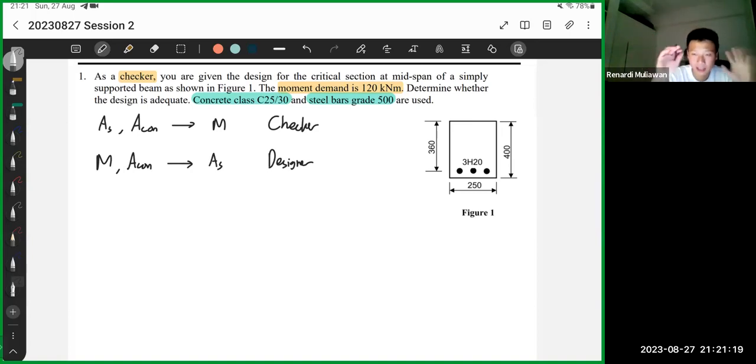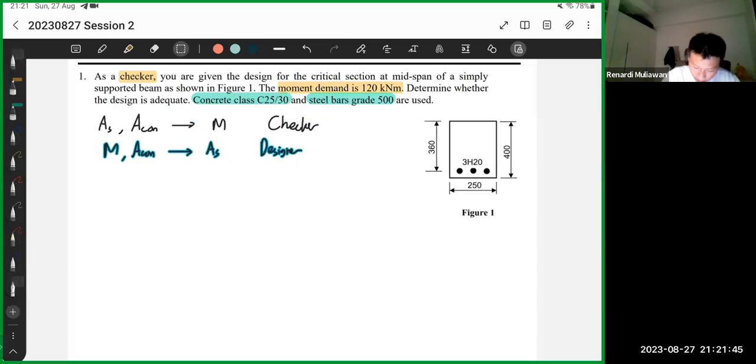For checker, you have the section and the steel already, and you want to find the moment it can handle. For designers, I have this building, my architect says I want this beam to be able to hold this much moment. Then you as a civil engineer are trying to discover the area of steel to hold that moment. This is just for context.